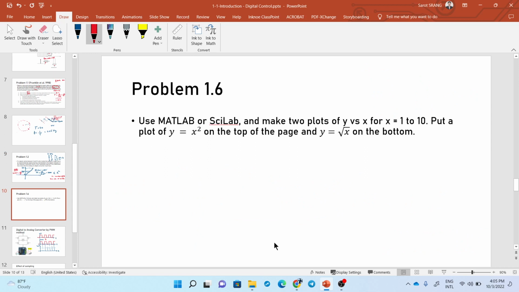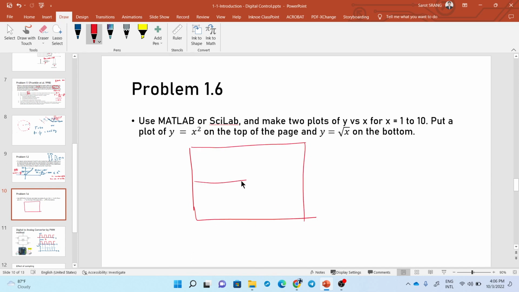Okay, so the next problem. Use MATLAB or Scilab and make 2 plots of y versus x for x equal to 1 to 10, and put a plot of y equals x squared on top of the page and y equals square root of x on the bottom. It means you plot using subplot.